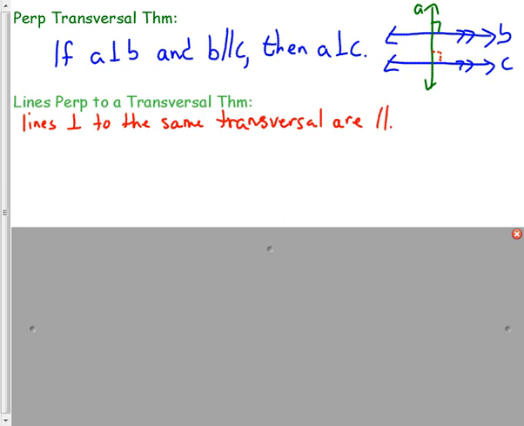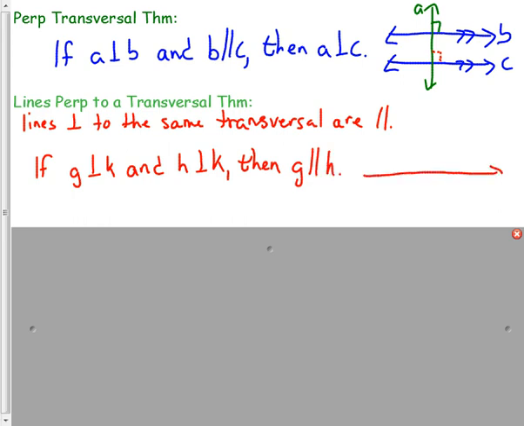That's what this theorem is stating. So lines perpendicular to the same transversal are parallel. So what we will do is say if G is perpendicular to K and H is perpendicular to K, then G is parallel to H.